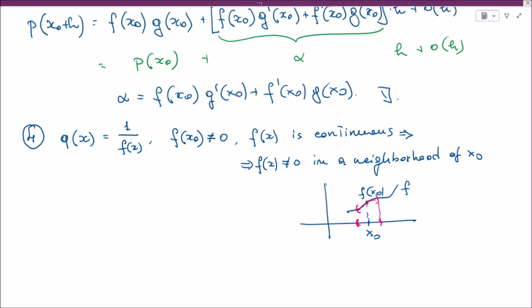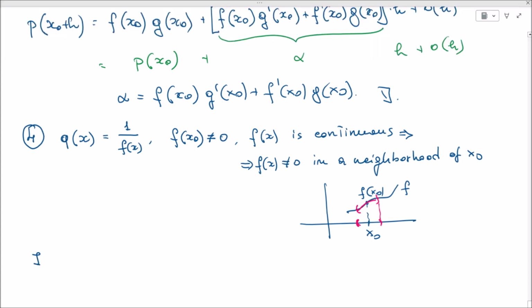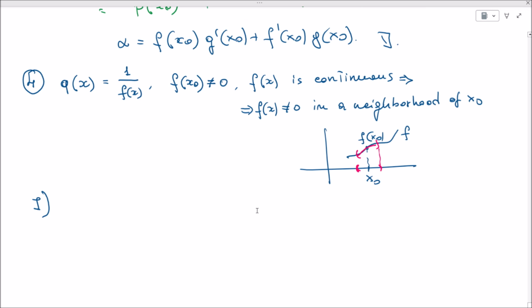Okay, so with this in mind, let's see how we can evaluate the derivative, and we will use the first approach. Okay, so we want to find q prime in x naught, which is the limit as h goes to 0 of q of x naught plus h minus q of x naught divided by h.